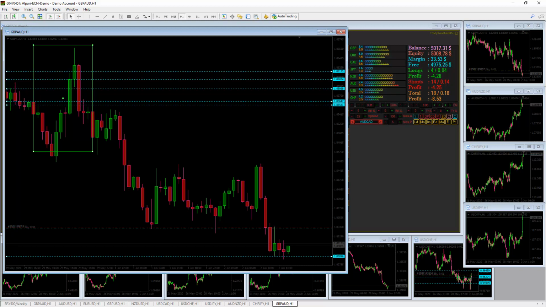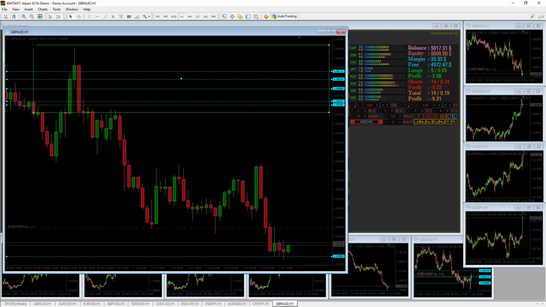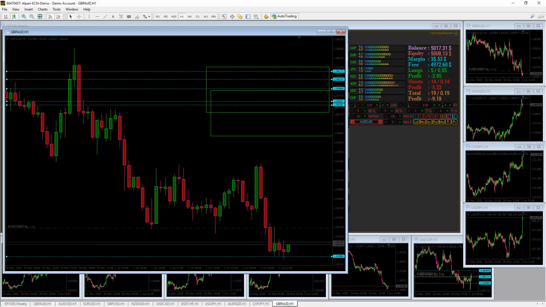Or in reverse, we may see that, okay, we had a good upward impulse on Aussie dollar, but it is slowly losing its power, and GBP is gaining power. So the chances are that we will rise. We may not go up all the way to this level, although there is a big chance for that, but we may end up somewhere around here-ish.